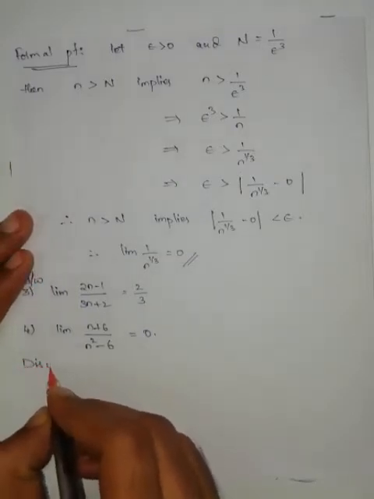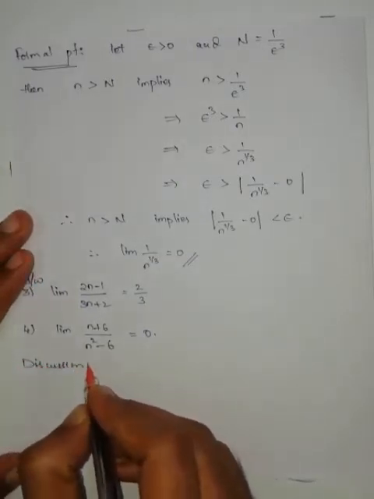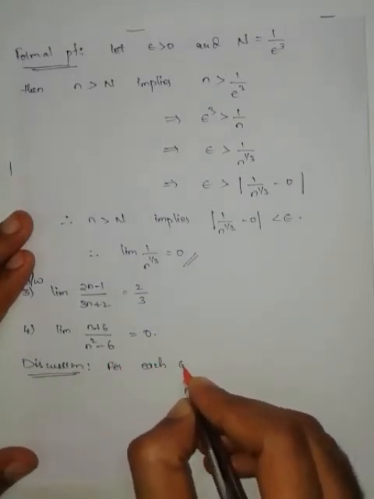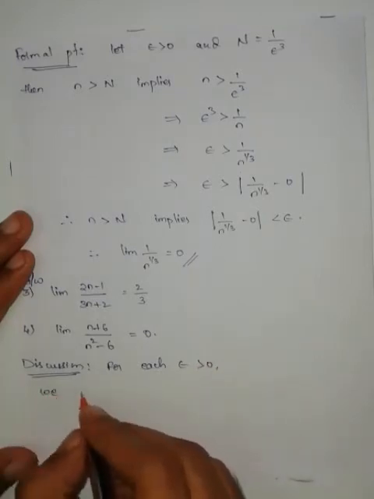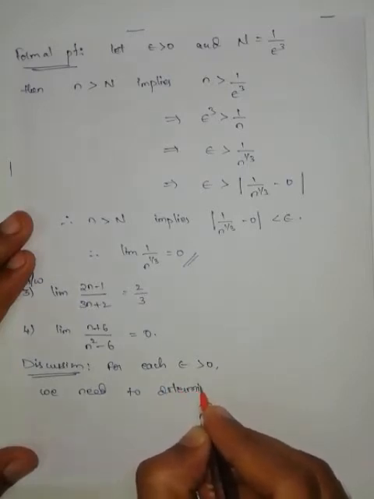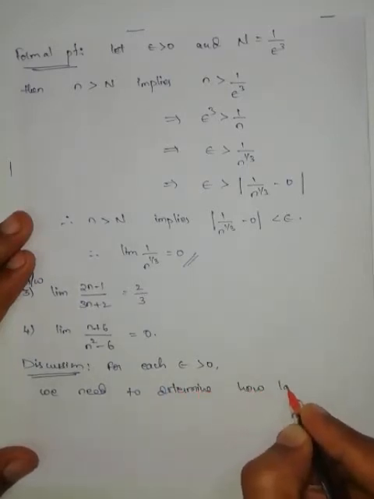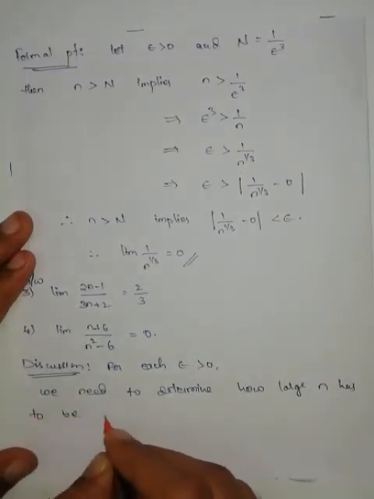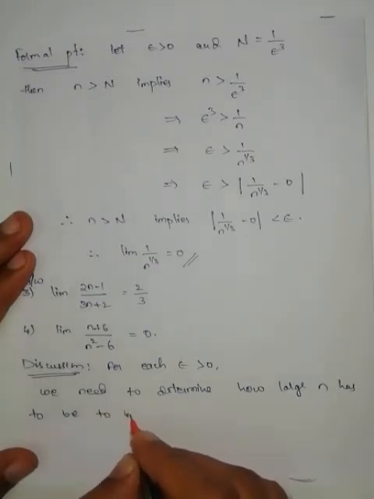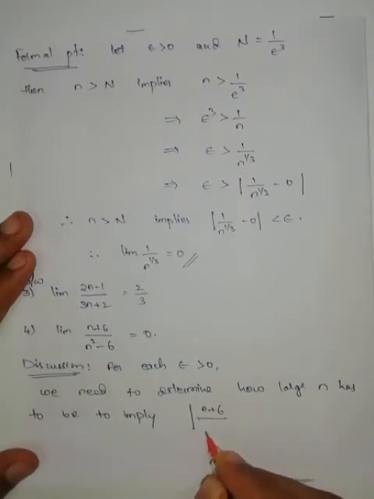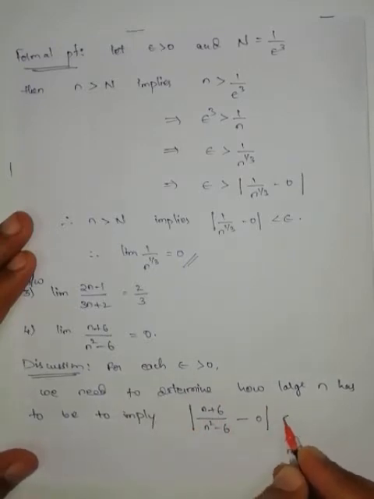Discussion. For each epsilon greater than 0, we need to determine how large small n has to be to imply modulus of (n plus 6) by (n square minus 6) minus 0 is less than epsilon.